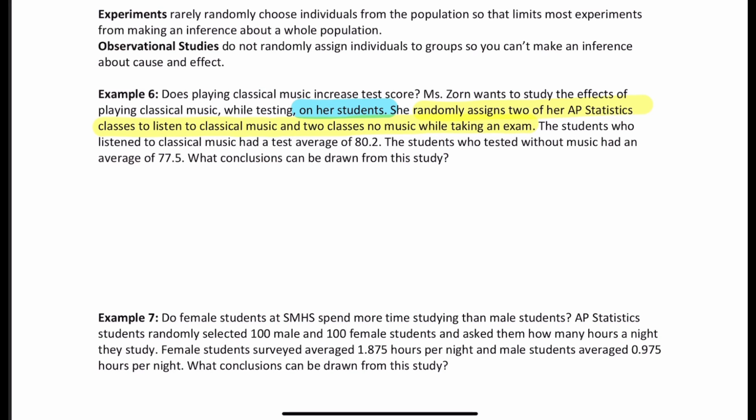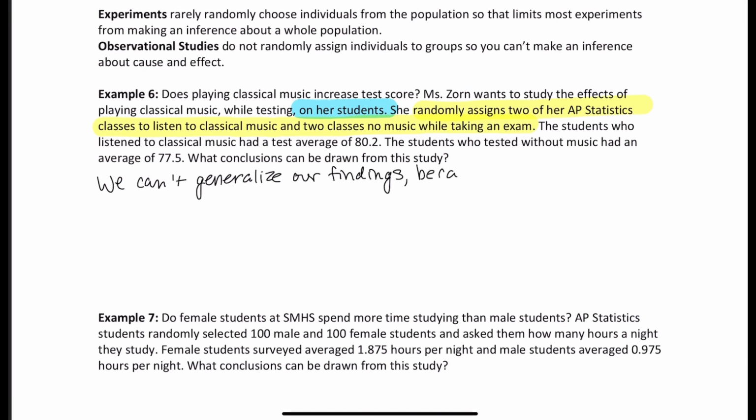So, conclusions here. First, did we randomly sample? No, the fact that I used my students, I took a convenient sample, people that were easy for me to reach. So here we can't generalize our findings.